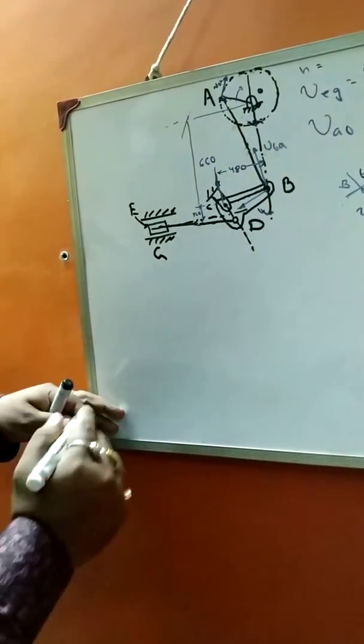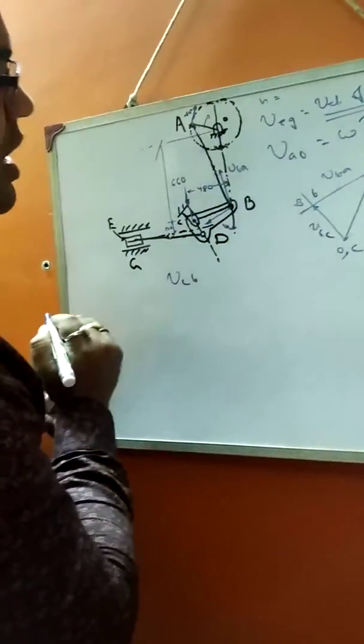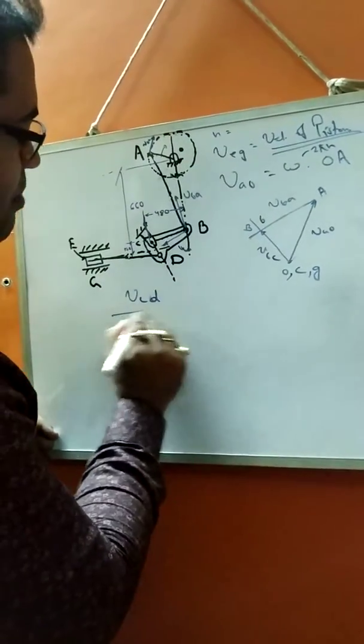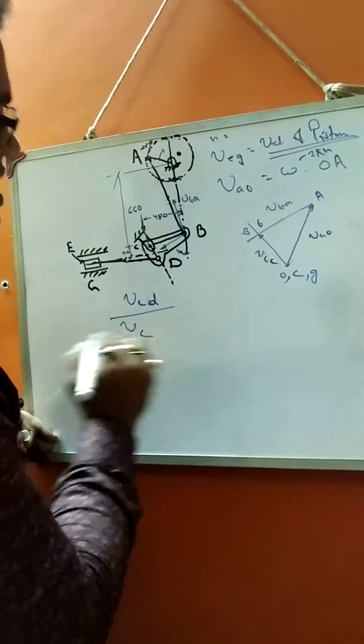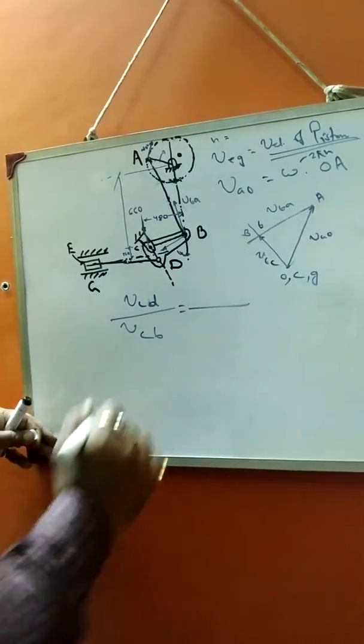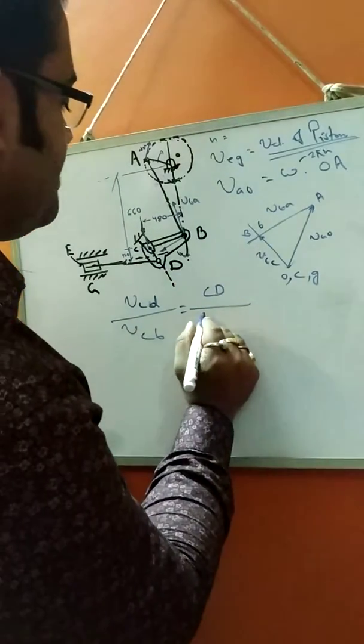For that reason we have written it like this: velocity of C with respect to D by velocity of C with respect to B is equal to CD, this length, by BC, this length.